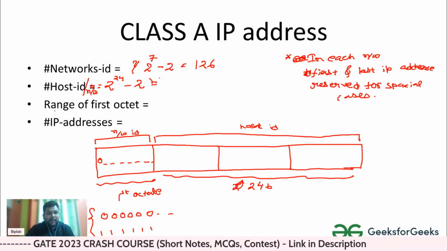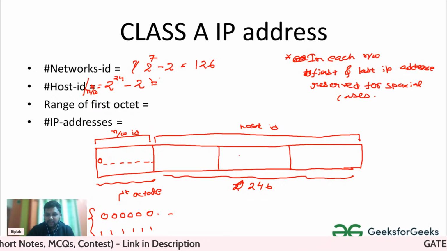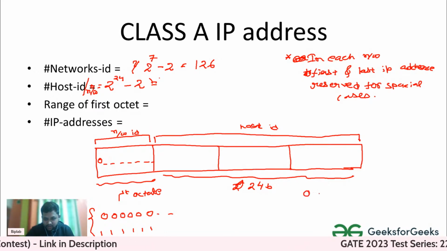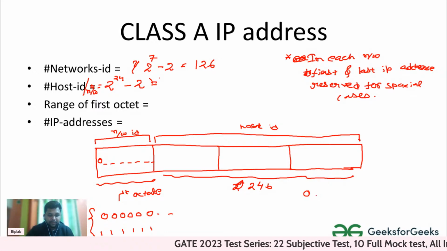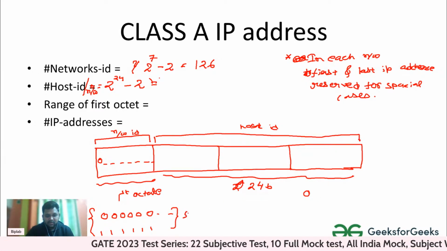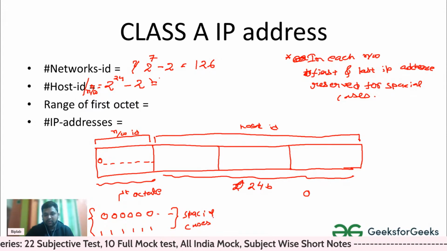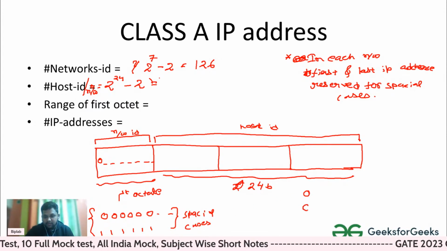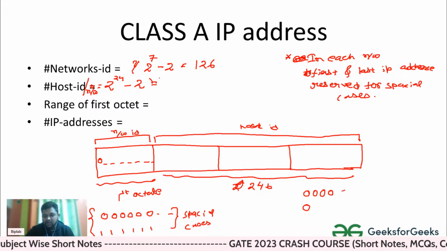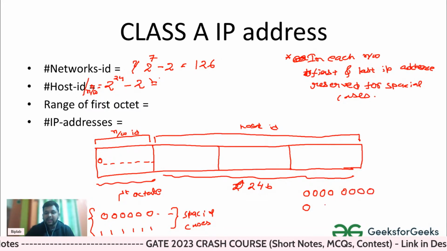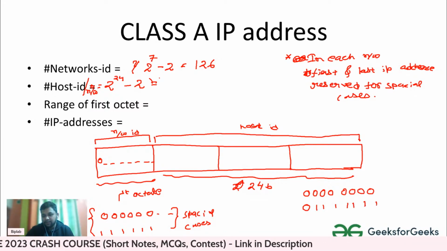Now, what can be the range of the first octet? The first bit will be 0, that is fixed. The first address can be all 0s, and the last address can be when all other bits are 1 in the network ID.